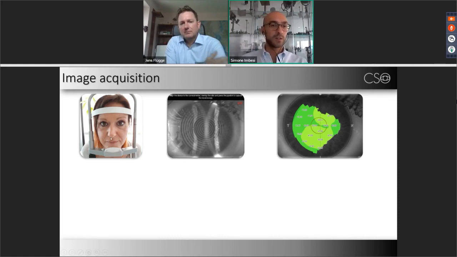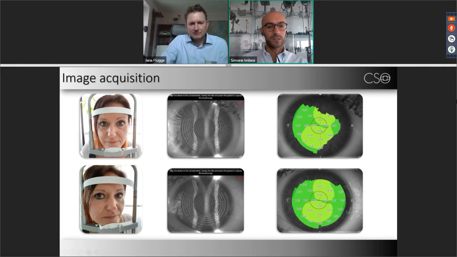This is a normal positioning of a patient on the chin rest, and as you can see from here, we have a big shadow that is even reported over the fitting of this keratoscopy. How can we eliminate this shadow? We have a trick that we can do thanks to our chin rest. You can ask the patient to turn his head.